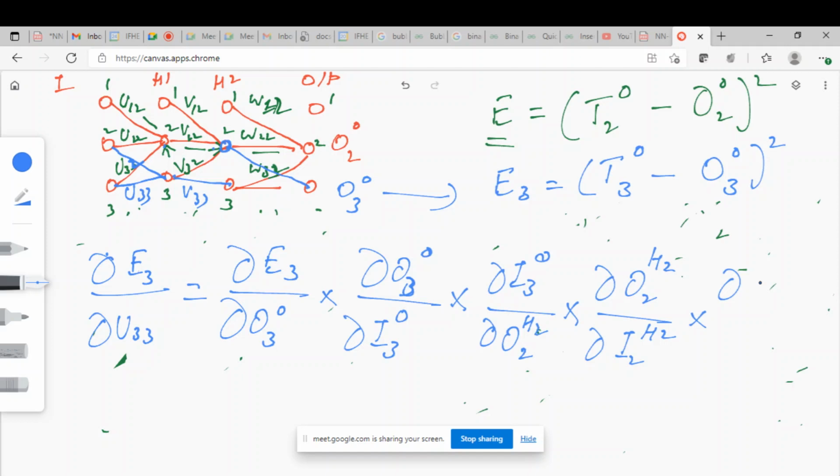Not third layer, third neuron of the first layer, of the first hidden layer. And this input depends on what? Okay, right. So this is the basic knowledge behind back propagation.